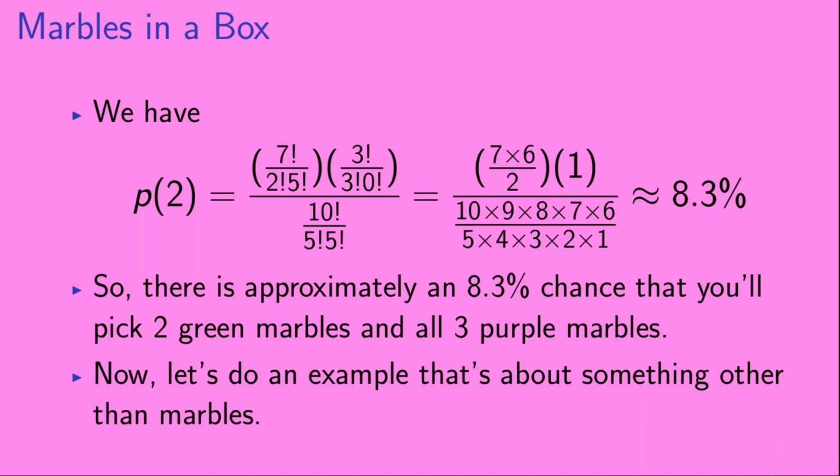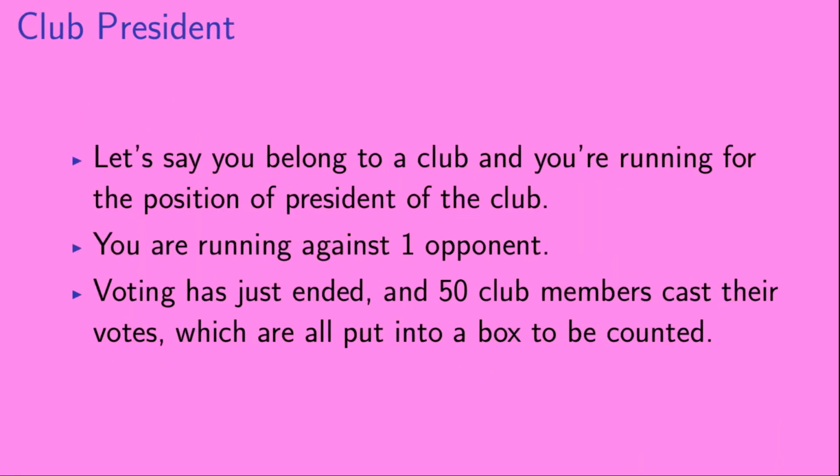Now let's do an example about something other than marbles. Let's say you belong to a club and you're running for the position of president of the club. You are running against one opponent. Voting has just ended and 50 club members cast their votes, which are all put into a box to be counted.